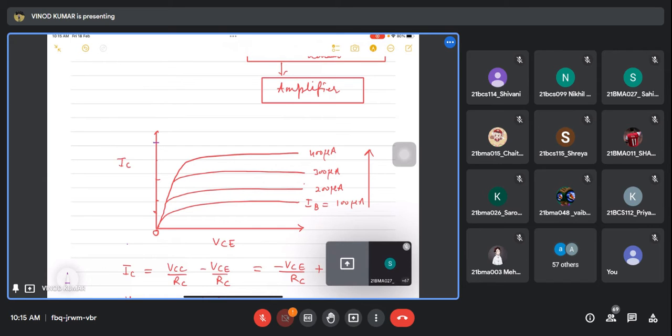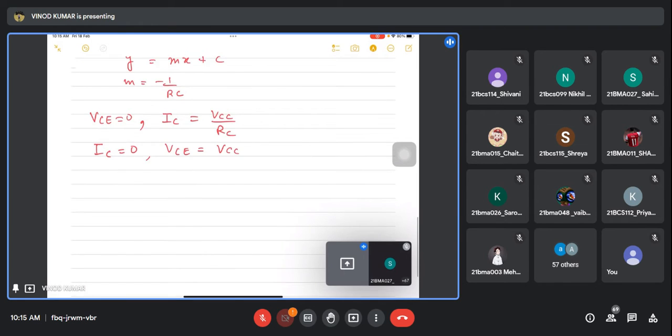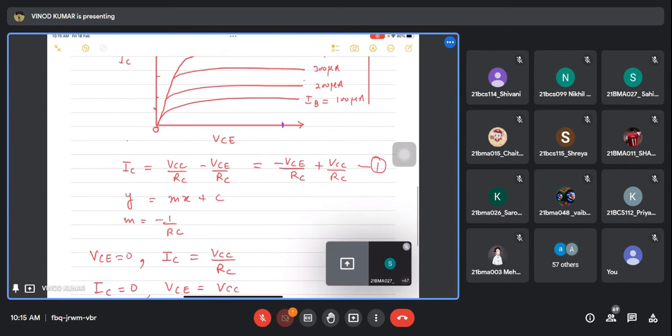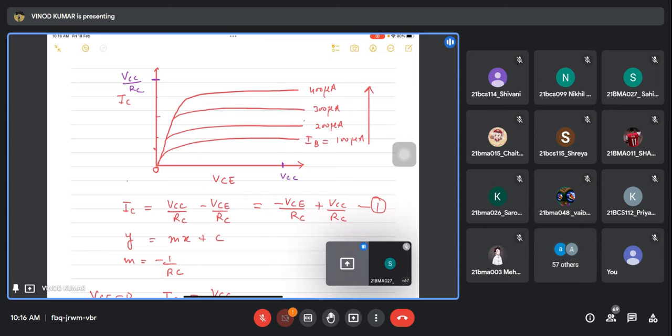Okay, so if I draw this here, when VCE is 0, IC is VCC by RC, right? And when IC is 0, it is VCC. This point is VCC. So this is the entire range. Okay.